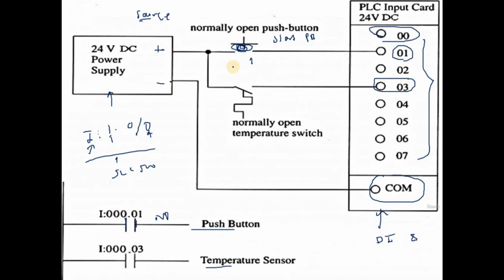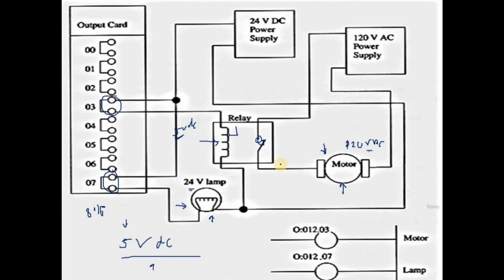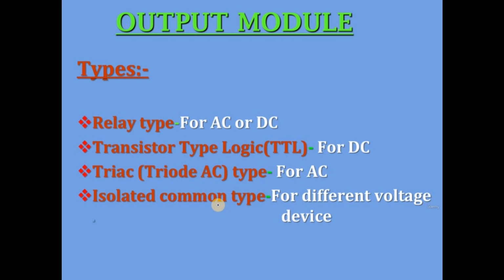When I press the push button, the motor will start, and when I release the switch, the motor turns off, right? The same thing will happen in the case of the seventh output also. When you get the input, the lamp which works on the 24-volt DC power supply turns on, right? So all these are very important points which we should know.